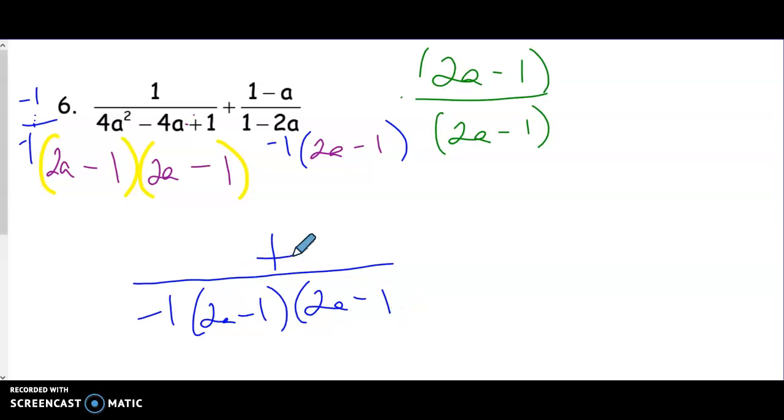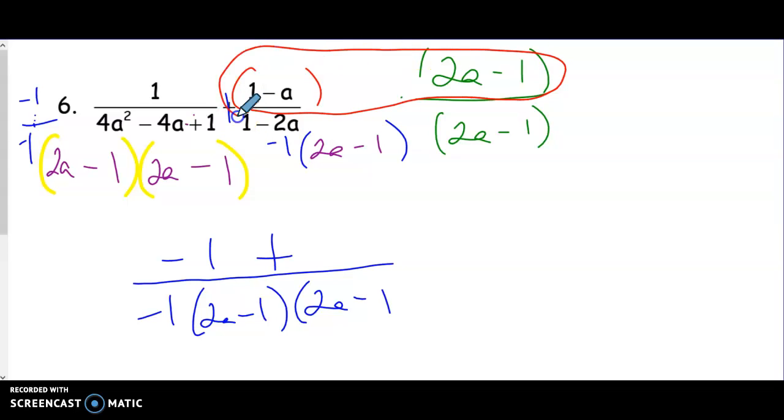We are adding in the middle, right there. Multiplying that gives you negative 1. Multiplying 1 minus a with 2a minus 1. What's that going to be? I'm going to go ahead and do box method off to the side just to make sure I get this correct.